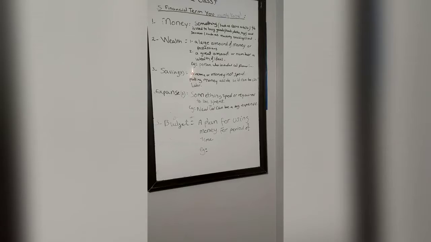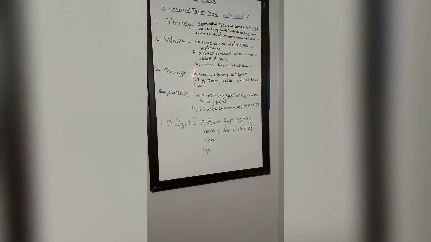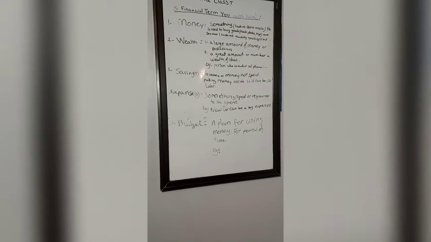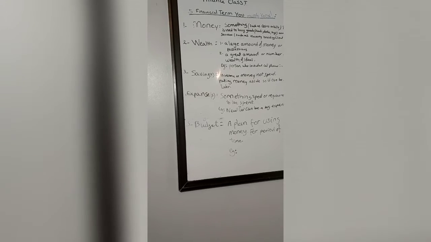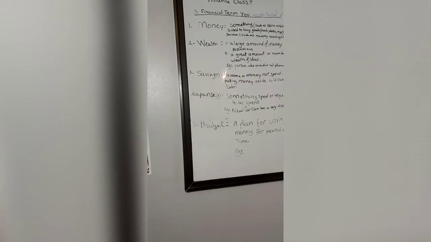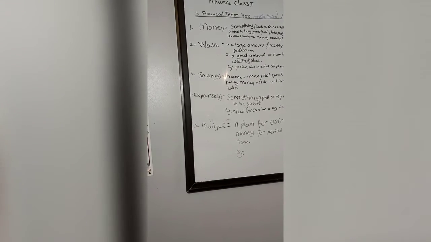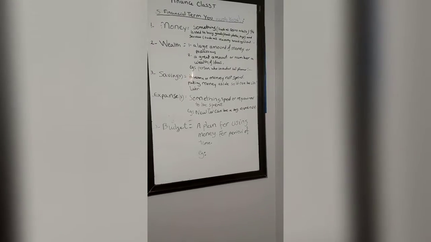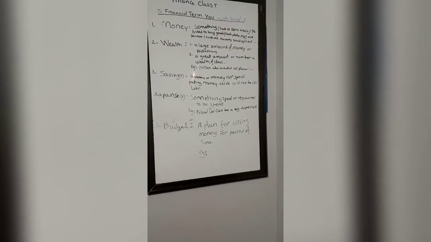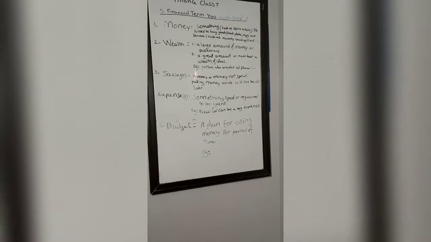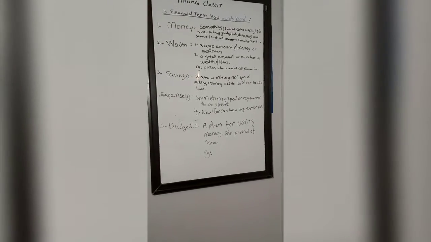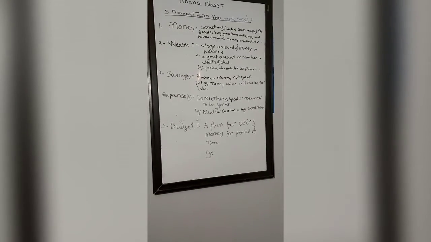Yep. Basically, an expense is the opposite of savings, right? So basically, with an expense you're spending the money and with savings you're keeping the money. Is it like your rent? Yep, rent could be an expense as well. What else can be an expense for us here in our house? Bills. What kind of bills?